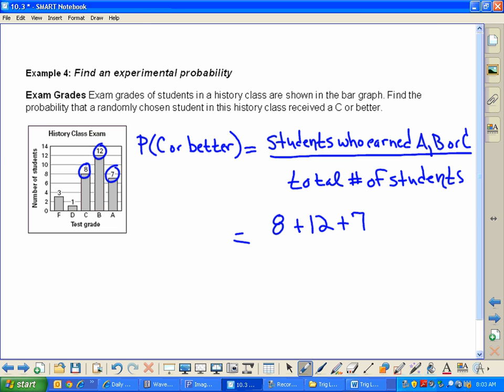In other words, they earned a C or better. 8 and 12 is 20, plus 7 more is 27. And then to figure out my total number of students, I have to take my 27 and add on 4 to get the total number of students. So 27 and 4 more takes me to 31.